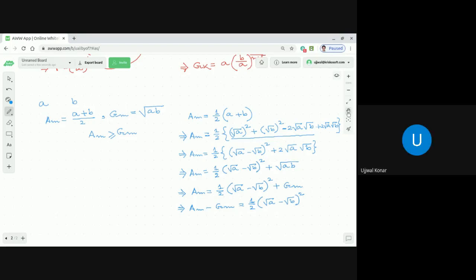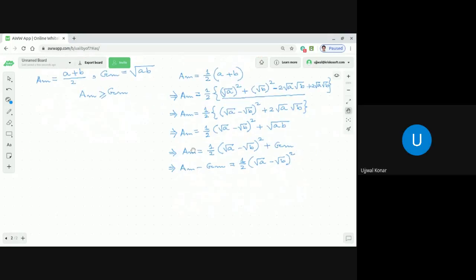Now, I'm just asking one question as well. If what I'm writing first, arithmetic mean minus geometric mean is greater than or equal to 0. Correct or not? Why am I writing greater than or equal to 0? Why am I not writing greater than 0 or equal to 0? Equal to 0, I cannot write directly because, obvious thing.